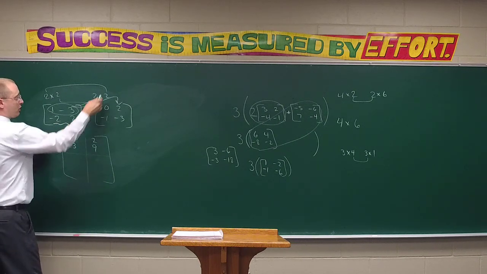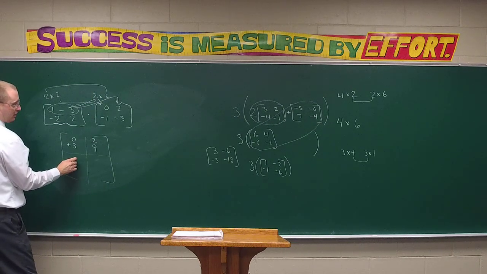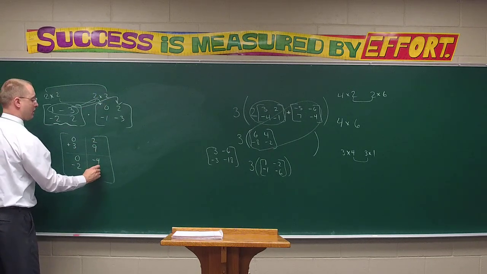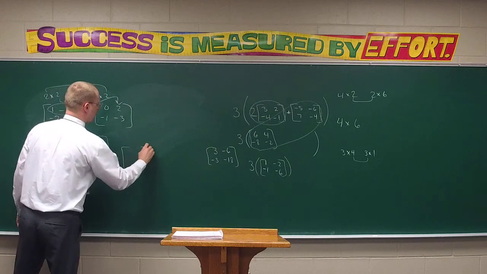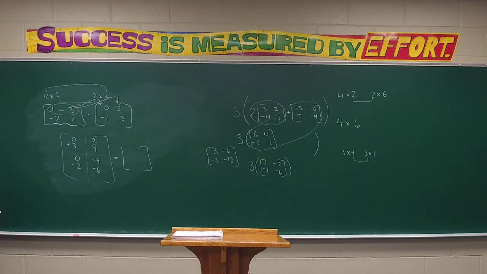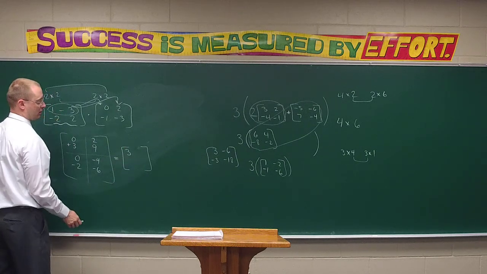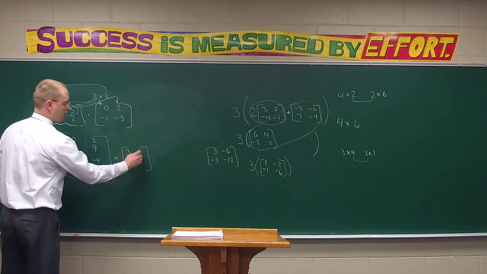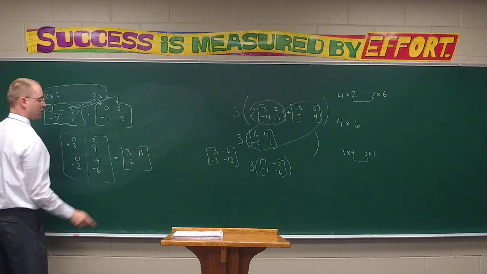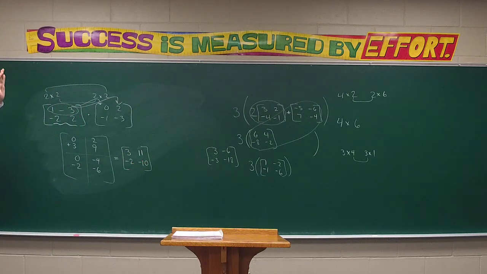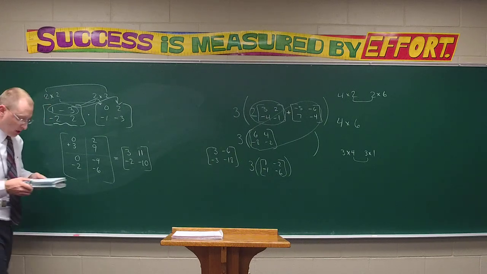And then this row goes down the first column, 0, -2, and then down the next column, -1, -6. All right, so when we add the partial products together, what should our answer have been? 3, 11, -2, -10. There we go. And how many had that answer for number 17?